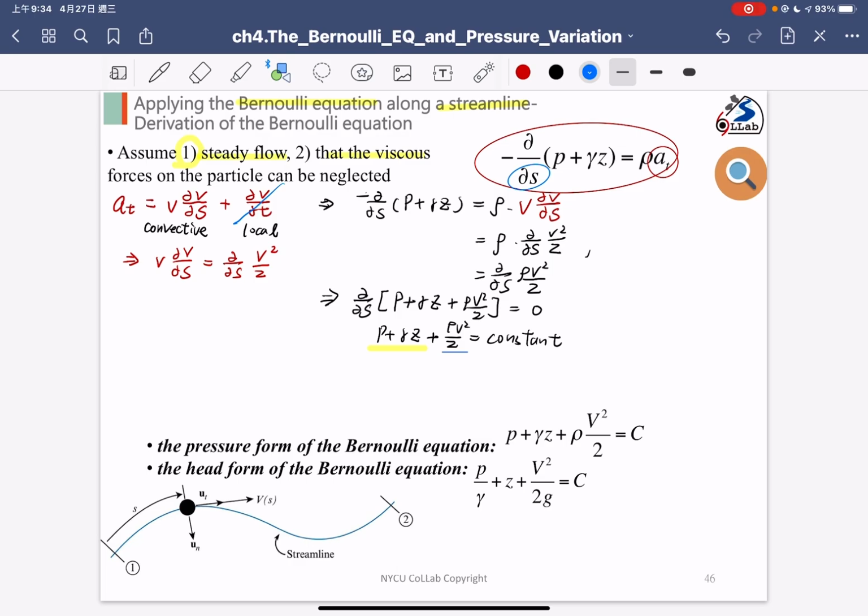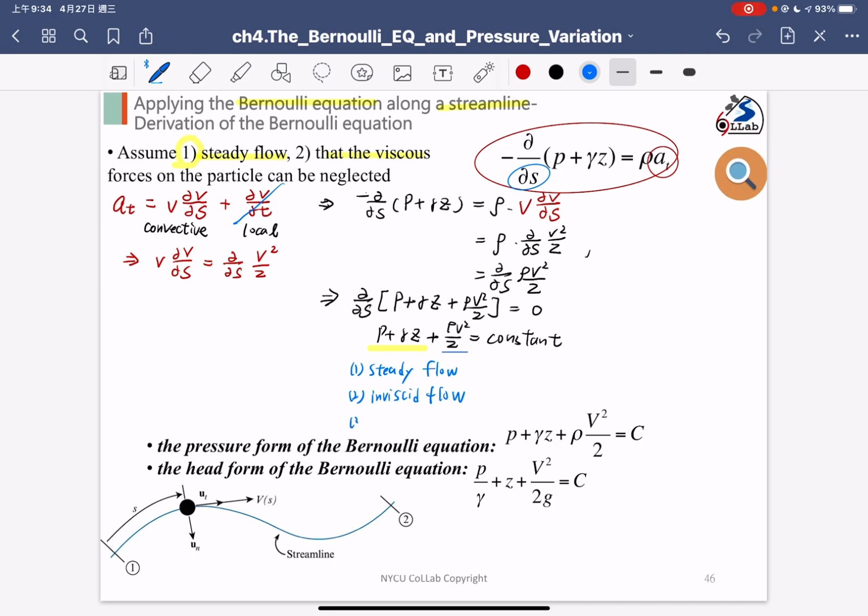Okay, so the Bernoulli equation tells us, if your flow is steady flow, a very important assumption, and because we start from the Euler's equation, which tells us it's an inviscid flow, that indicates the viscosity is not important.